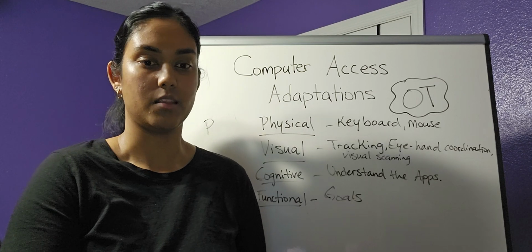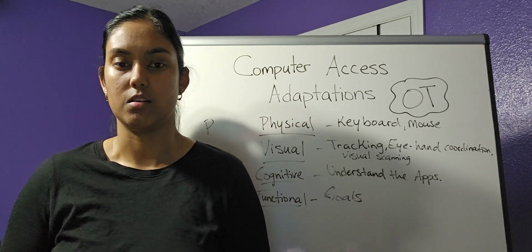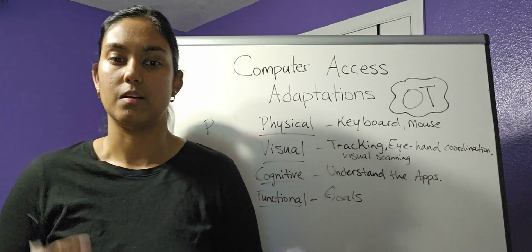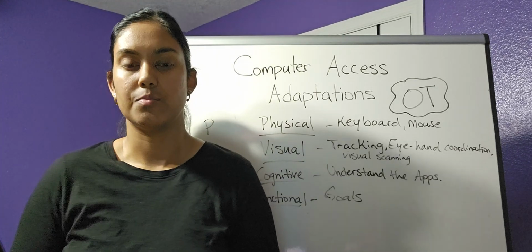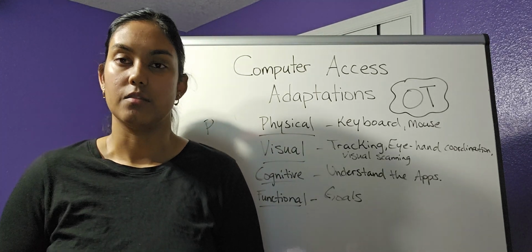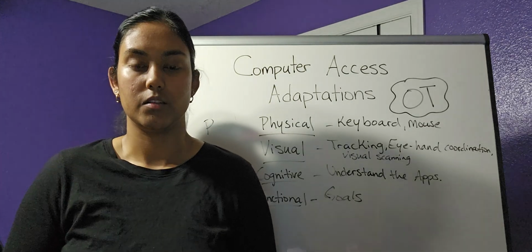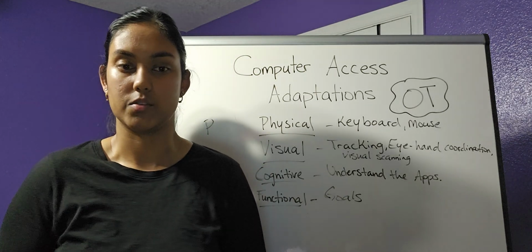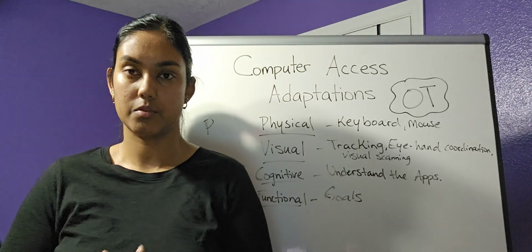If we look at the mouse, we have our touchpad. So this device is flat, it's touch sensitive. This allows clients with upper limb or hand disabilities to press the touchpad with a finger or the end of an eraser, or even using a typing splint to be able to access the mouse. There's also head mouse operations.